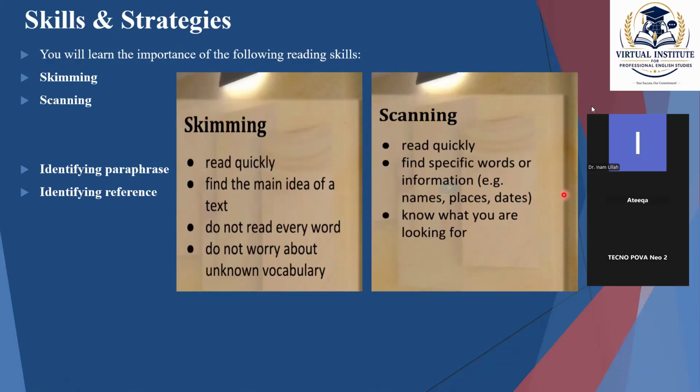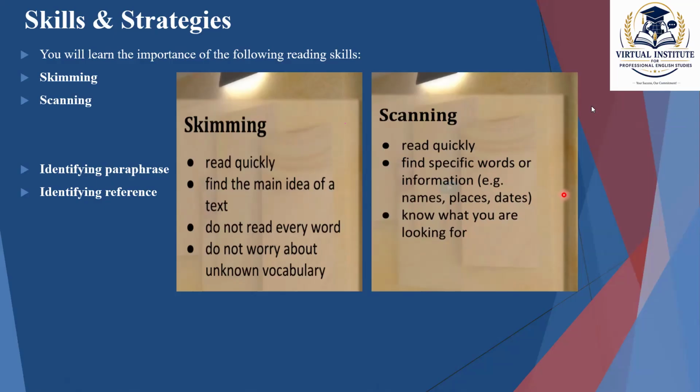So the question is about when did the writer travel to Japan. Here you are actually looking for the date, right? So you will scan for the date that he traveled, and you will find it easily, locate it, and write the answer, right?